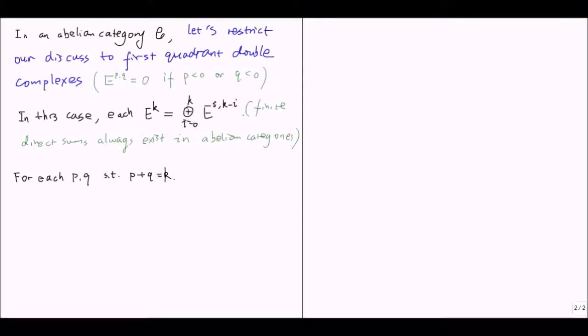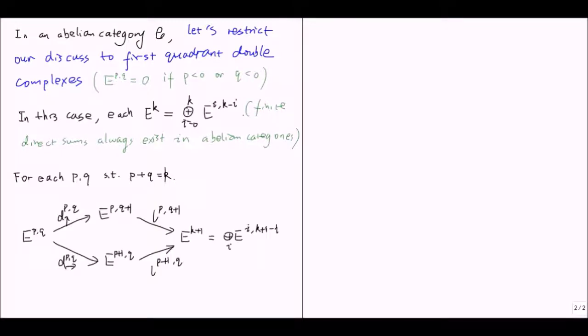Now let's define d. For each p and q such that p plus q is equal to k, we consider the following diagram, where iota sub p, q plus 1 is the embedding associated to the direct sum, and so is iota sub p plus 1, q.